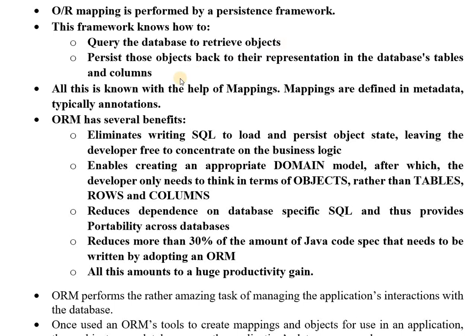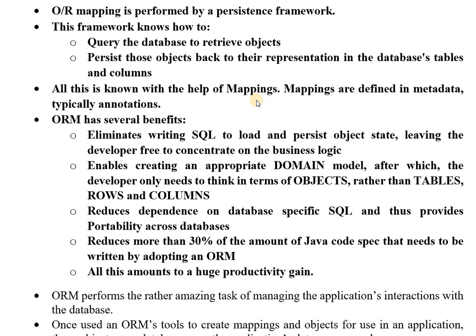The second thing this framework will know is how to persist those objects back to their representation in the database tables and columns. So not only will it retrieve the objects, but it will also be able to store the objects in their database representations.